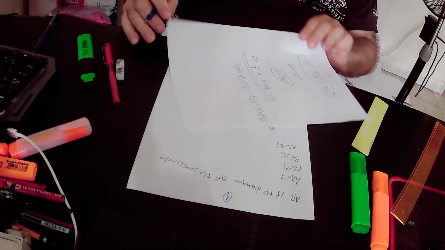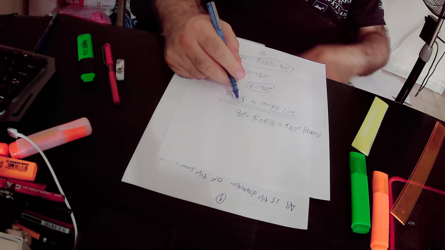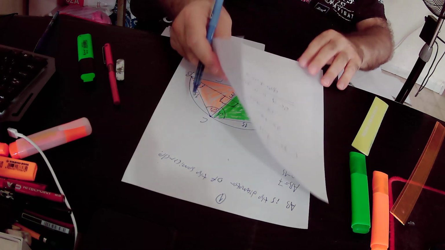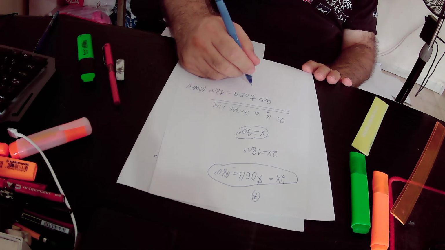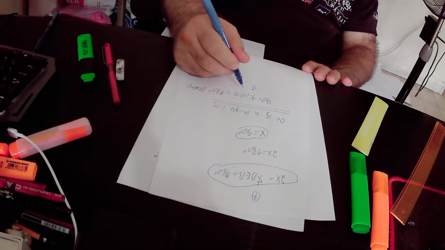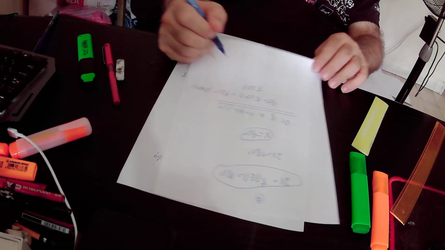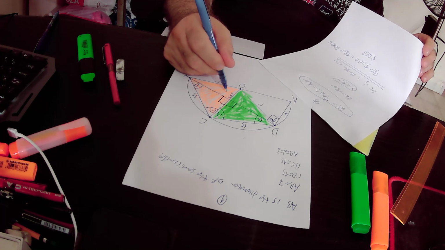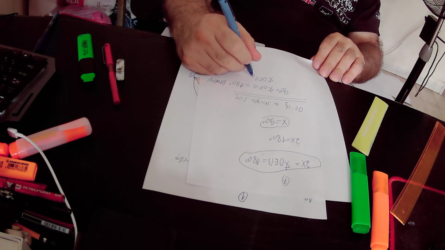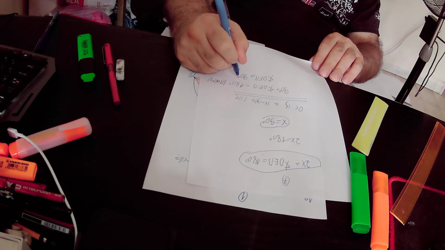So here we can subtract 90 degrees from this equality, and we will get that angle EOB, angle OEB, this angle is equal to 180 degrees minus 90 degrees, which is 90 degrees.